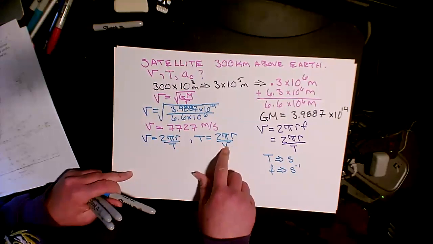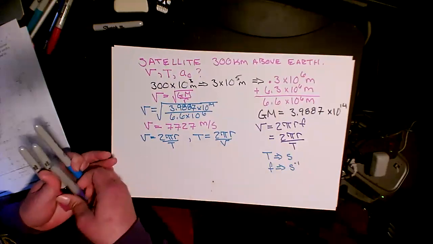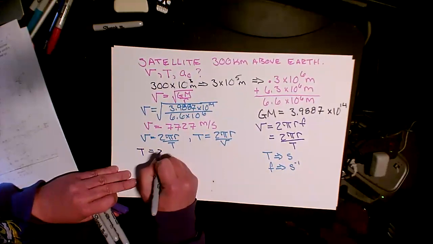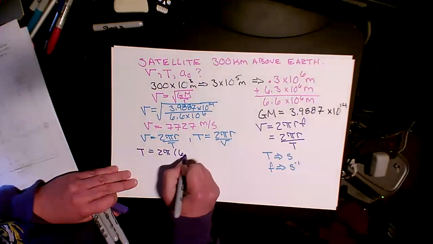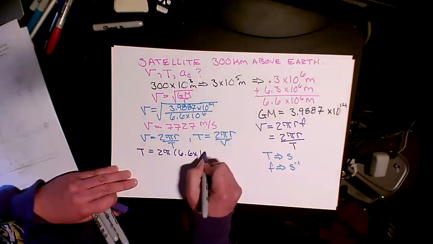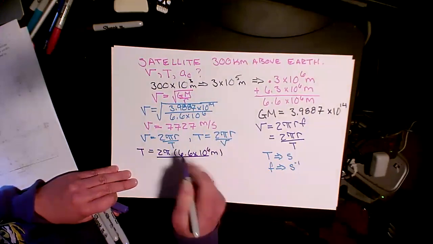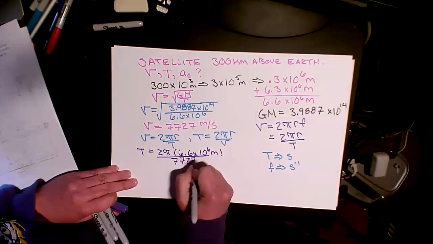So I have velocity, I've determined what the radius is, so I can write this straight away: the period equals 2 pi times this radius, 6.6 times 10 to the 6th meters, divided by the velocity that I determined here, 27 meters per second.